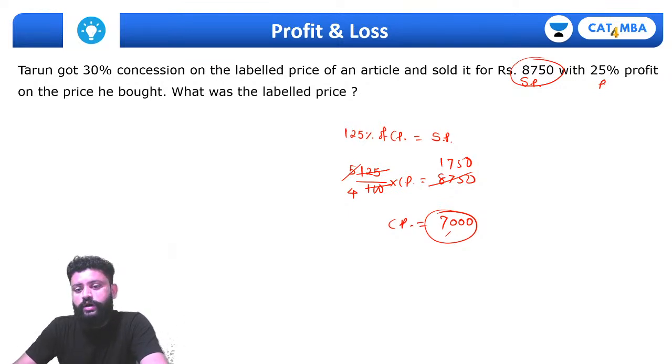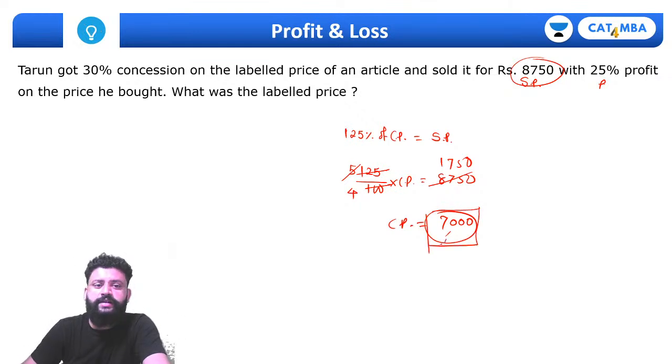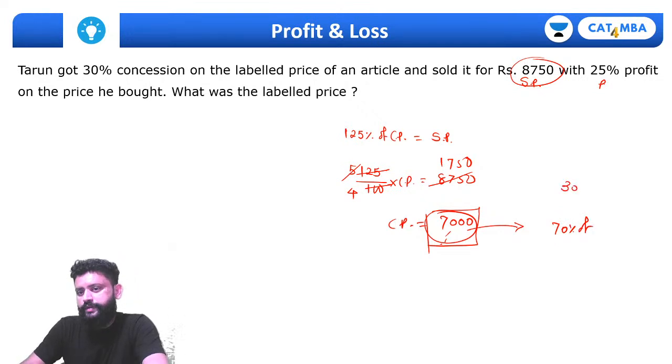Now Tarun, अब problem है ये तो उसने खरीदा, right? But he got the 30% concession, so this is just 70% of the label price. After 30% discount, Tarun bought it at just 7000. 70% of the label price is 7000.